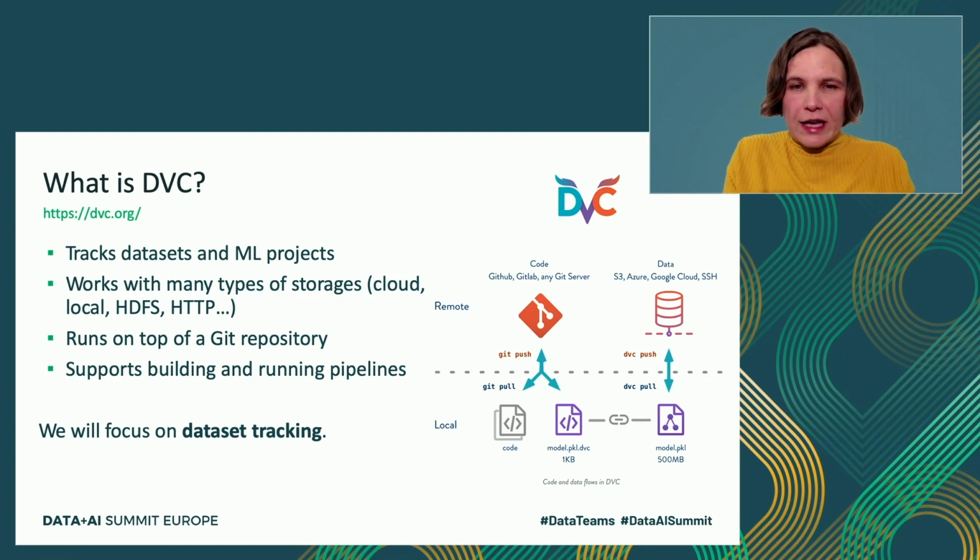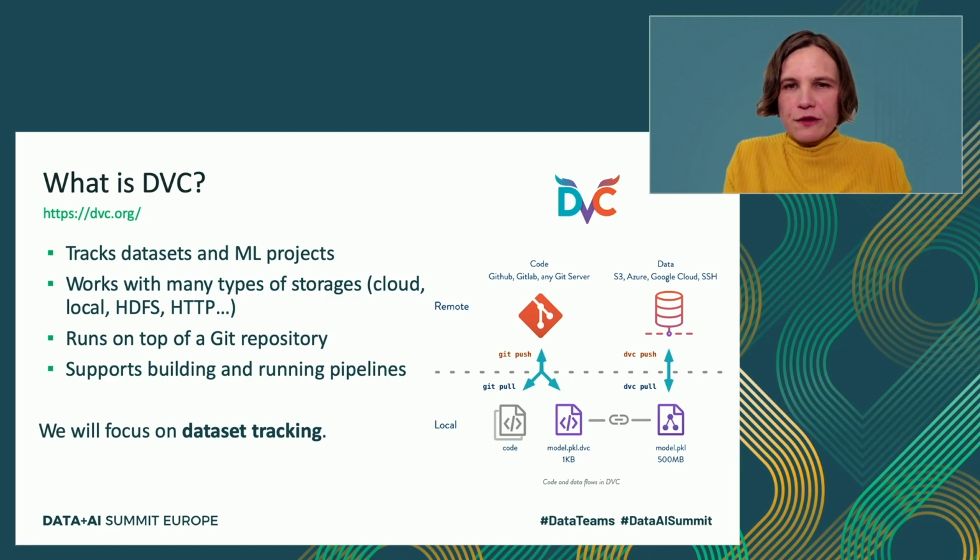So let's look at them individually, what they do, how they function. So first, the DVC. DVC tracks datasets and machine learning projects, and it also supports building and running the pipelines. It allows us to choose where we want to store the data, which can be locally, in cloud, in HDFS, and in many different locations.